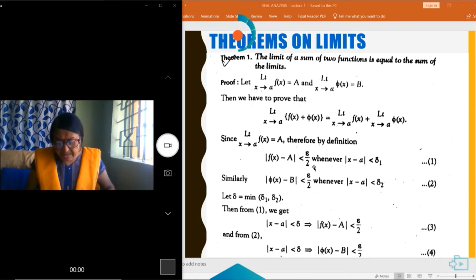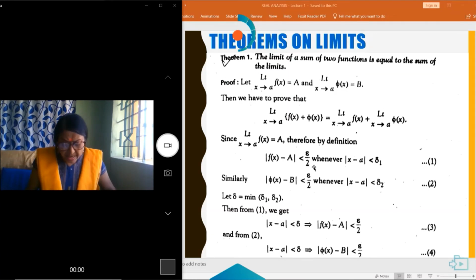Let limit x tends to a of f(x) be A. Therefore, by definition, modulus of f(x) minus A is less than or equal to zeta by 2, where modulus of x minus a is less than delta 1. Similarly, modulus of phi(x) minus B is less than or equal to zeta by 2, where modulus of x minus a is less than delta 2. If delta is the minimum of delta 1 and delta 2, we can say that modulus of x minus a is less than delta.